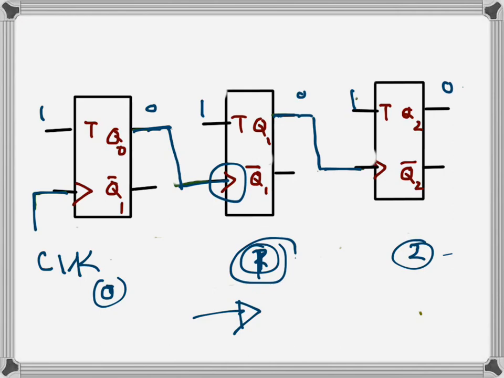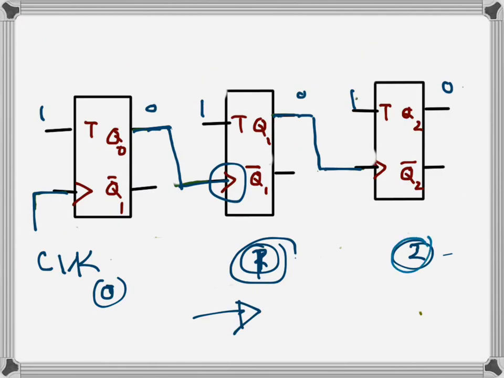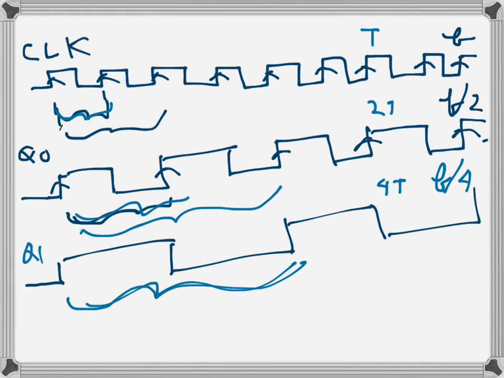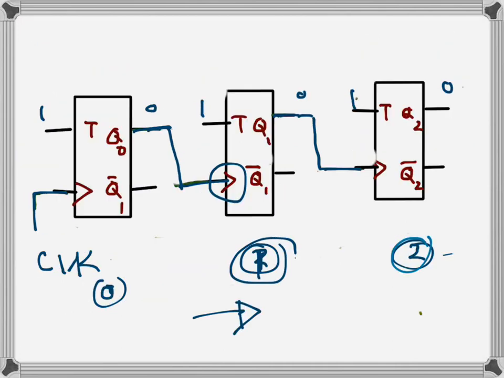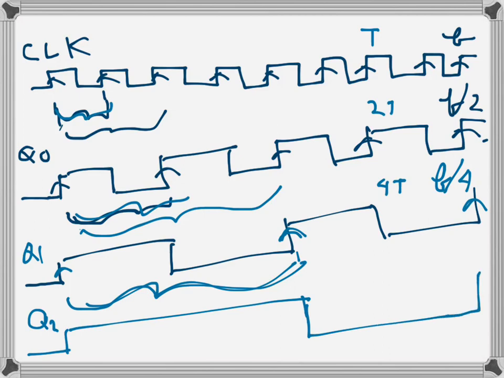Finally we have Q2. Q1 is the clock signal for flip-flop 2. So these will be the clock edges here, just 3 of them. And if Q2 also starts from 0, it goes to 1 here, then stays 1 up to there. Here it toggles again because this is where the clock edge comes, goes down, and then again here.